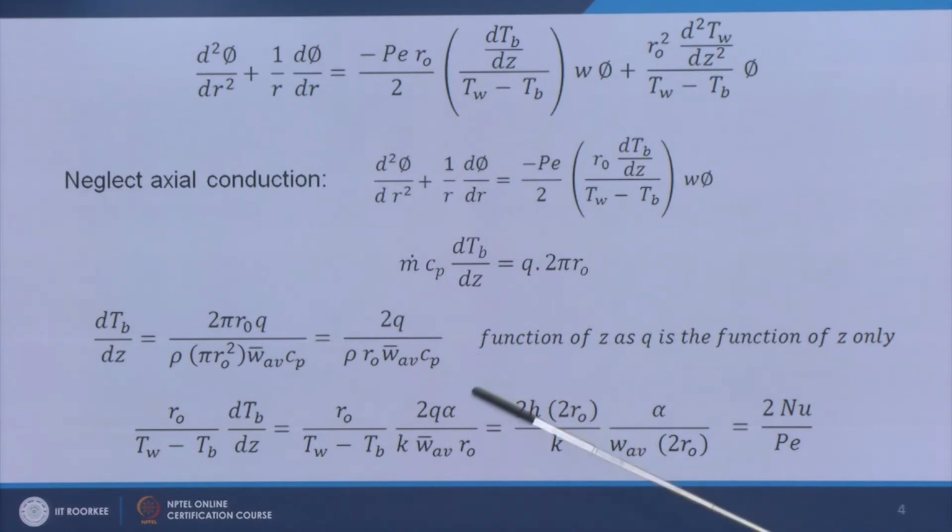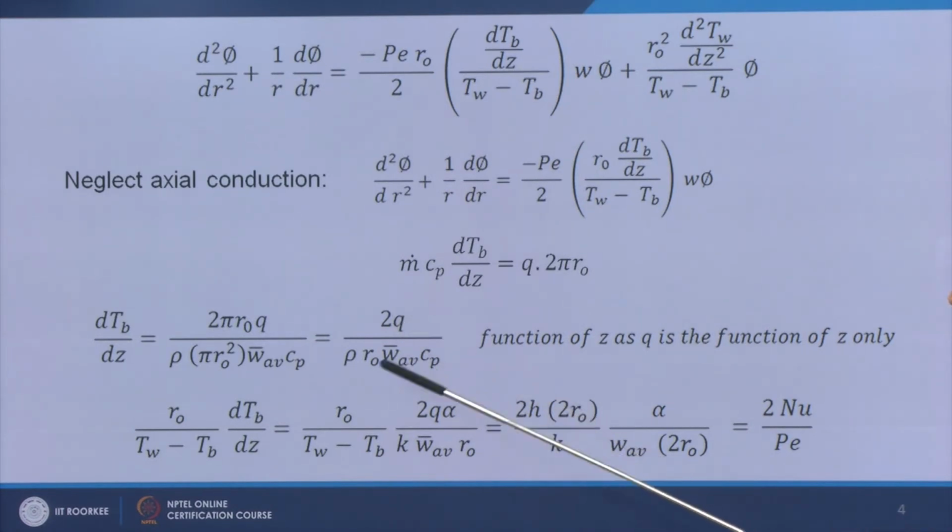You see 2q, and now this Cp we have converted in terms of alpha and k. Rho Cp is nothing but k by alpha, which comes from the definition of thermal diffusivity: alpha equals k by rho Cp. So from there we get this equation.